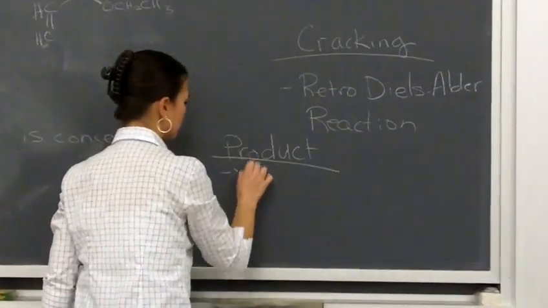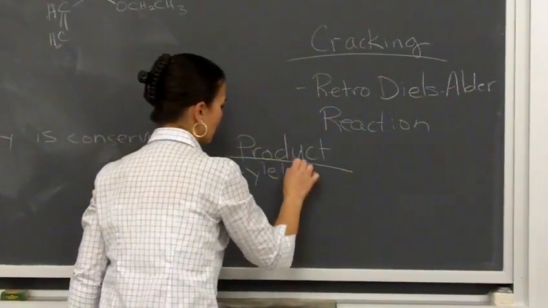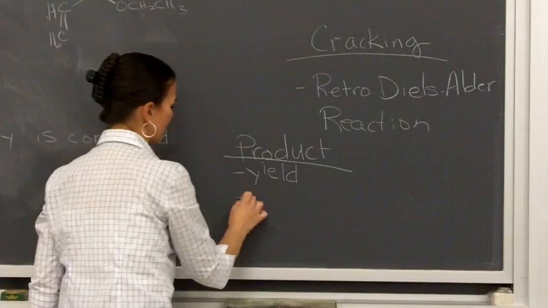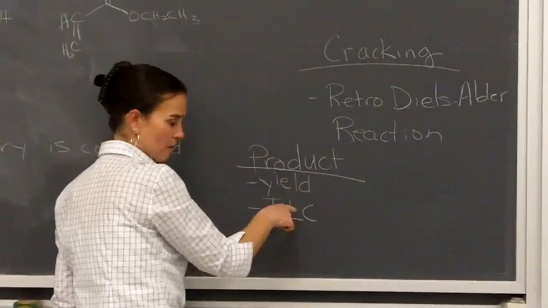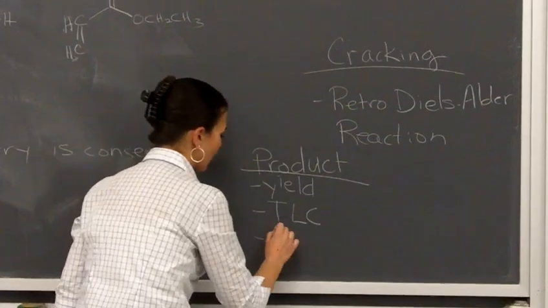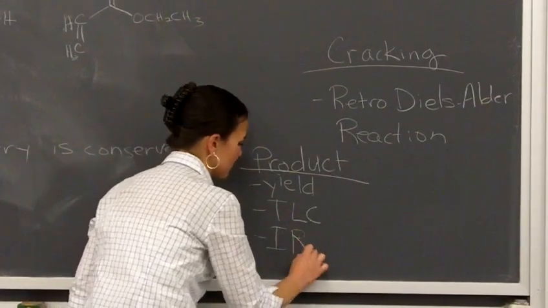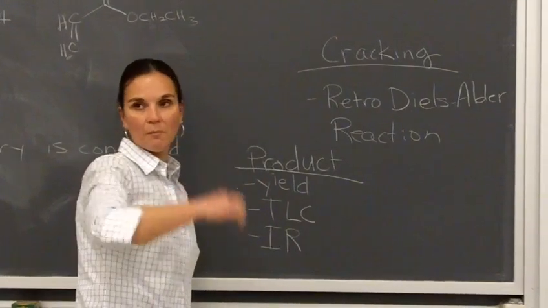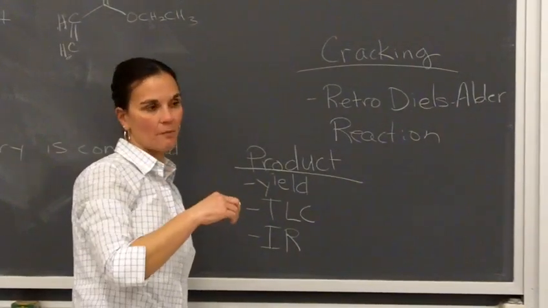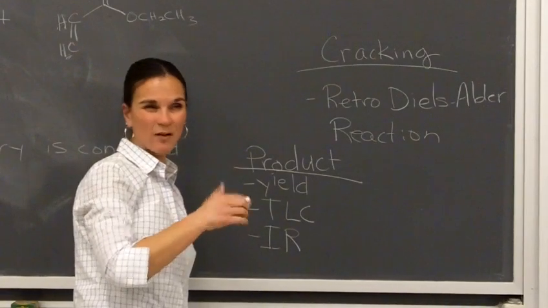you're going to want to collect the yield. In a little bit here, I'm going to talk to you about thin layer chromatography. So you'll analyze it with TLC. You're going to collect the IR spectrum. It's a solid, so you'll collect it just like you did with polystyrene, where you put background anvils up, and then for the solid, the anvils down.